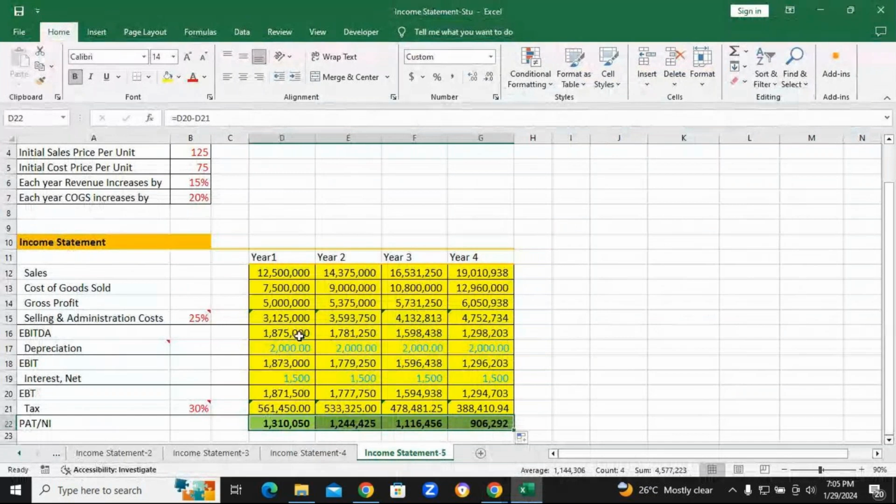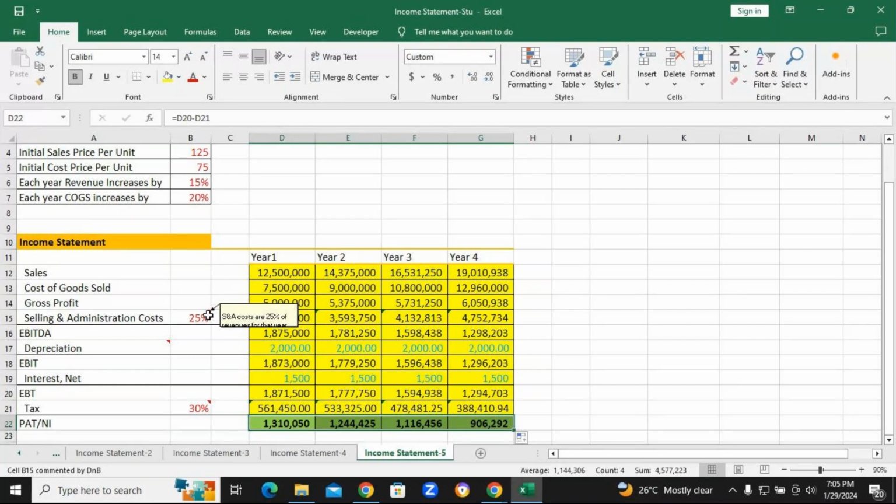Selling and administration here, when you look at this, what they are telling is selling and administration cost are 25% of revenue for that year. Whatever the sales that has happened for the first year, on it I have to calculate 25%.